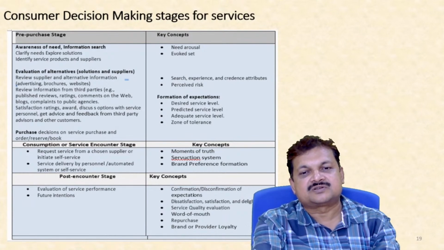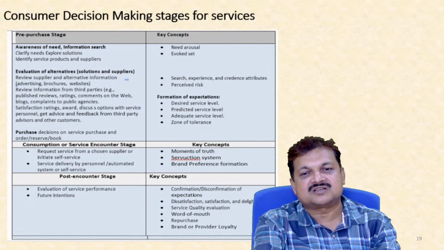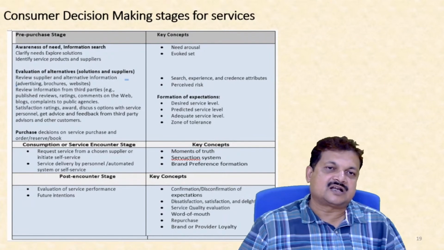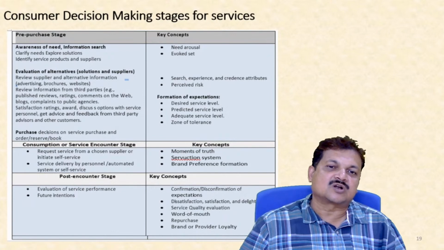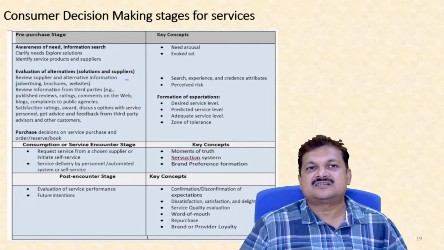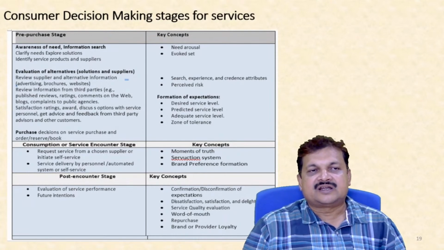Key concepts. Here it is confirmation or disconfirmation of expectations. Are you confirmed that 5G will come or 6G will come, or that for another 4 or 5 years 4G will work? So you are confirming your expectations. Dissatisfaction, satisfaction, and delight. Dissatisfaction is when your expectation level is more than the actual level you are getting.